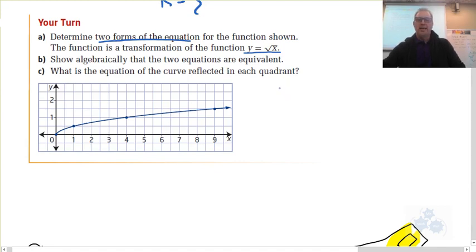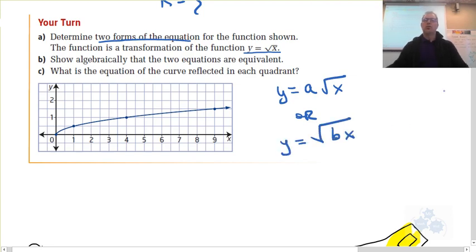All right. So we're gonna do this. We're gonna check and see if we can find out an A for this and/or a B. So we might be able to write this both ways.